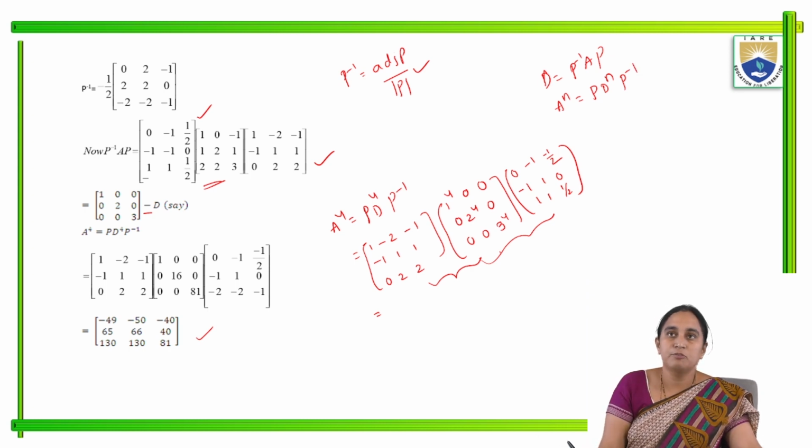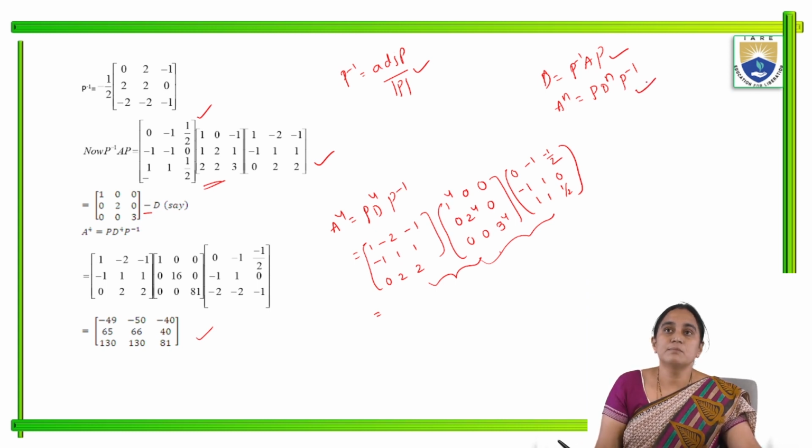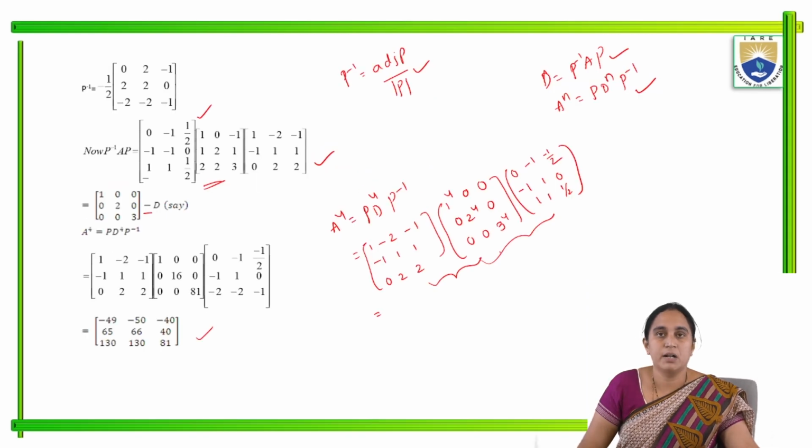These are the formulas for reducing the matrix to diagonal form and calculating A power 4. Sometimes they ask directly, from the matrix, find A power 4. You get A power 4 only through the concept of the diagonalization of a matrix. These are the concepts in diagonalization of a matrix.